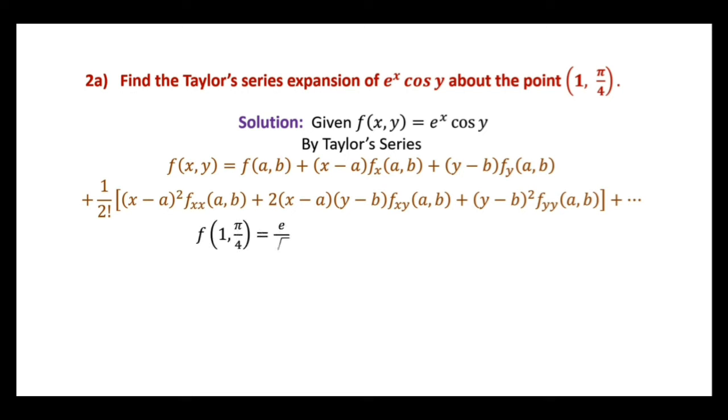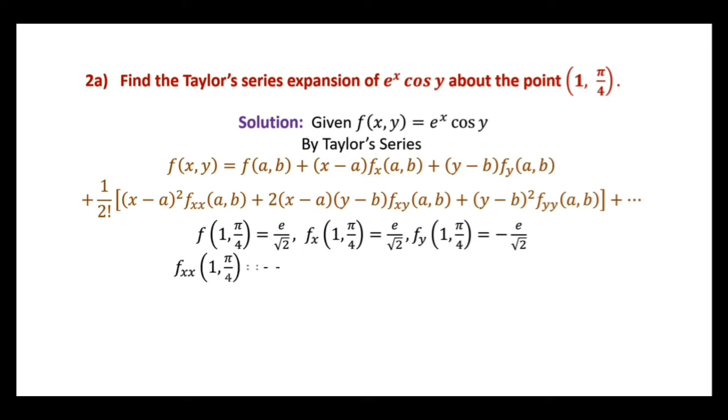You need to find f(1, π/4), ∂f/∂x at the point (1, π/4), ∂f/∂y at (1, π/4), ∂²f/∂x² at the point (1, π/4), and similarly you have the second order partial derivatives at the point (1, π/4).